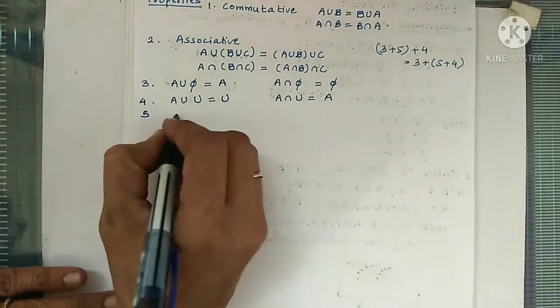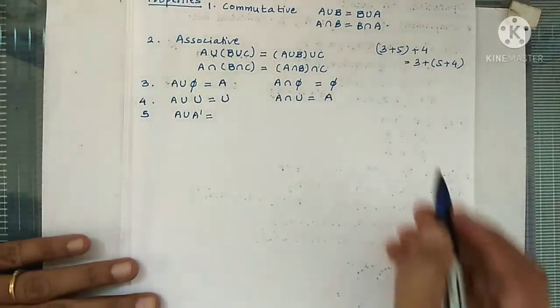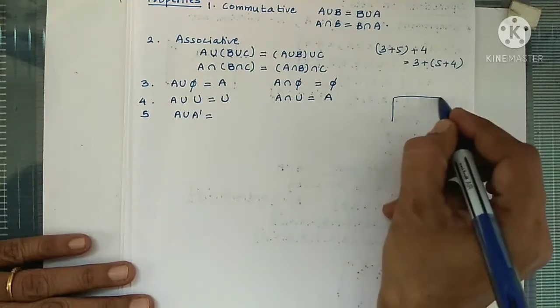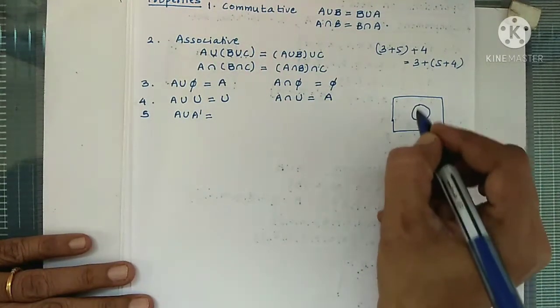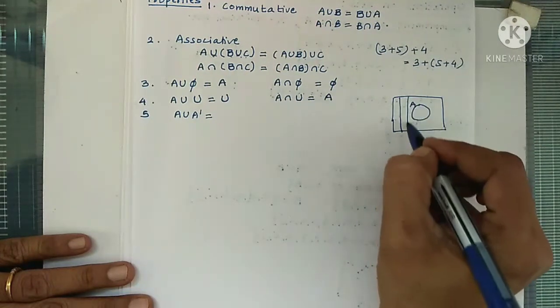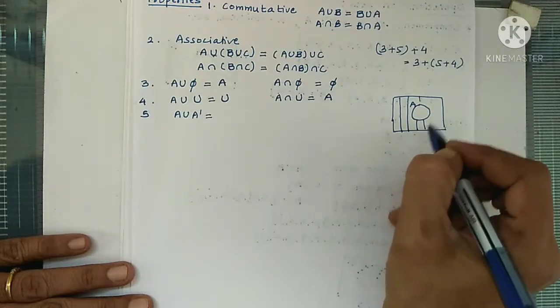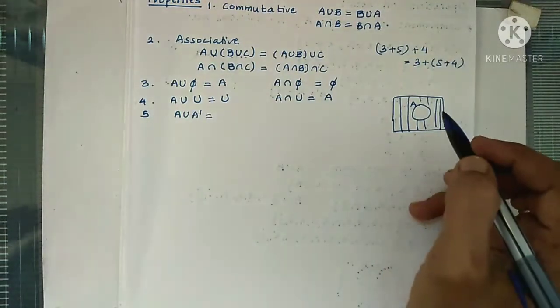The next one is if we take A union A complement. Let's study this by Venn diagram. So if this is set A, then A complement is this remaining part. This is the part of the rectangle other than the circle. Now A union A dash.